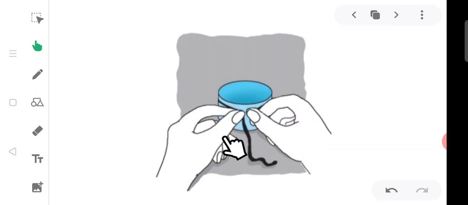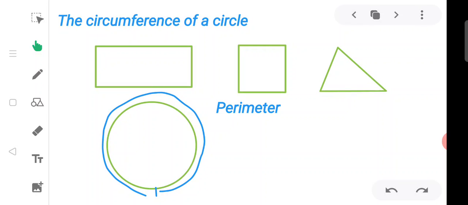See over here in the picture. Take one string and wind it around the bowl, and see a full circle is made around it. Now unwind the circle and straighten it in this way.